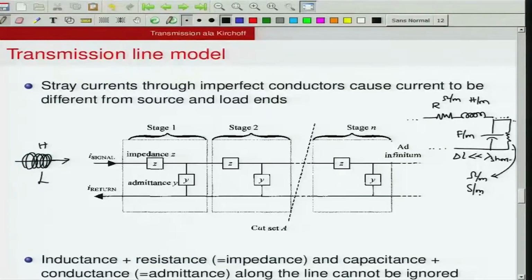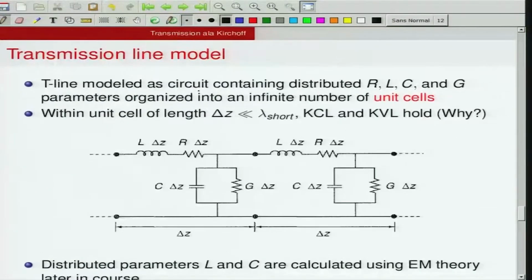Okay, so that is the model that we are going to consider, and you can actually see that model over here. You have each section of length delta z. We are assuming that the transmission line is located along z. So each section has a length delta z which is much smaller than the wavelength. Okay, and in each section you have KCL and KVL being true.